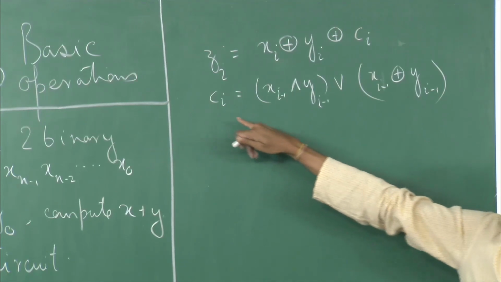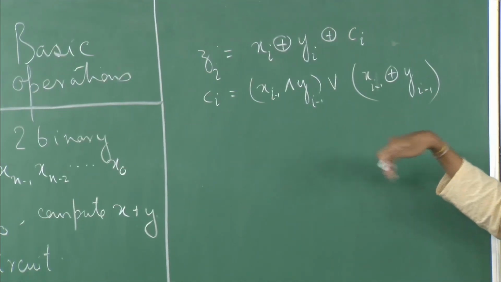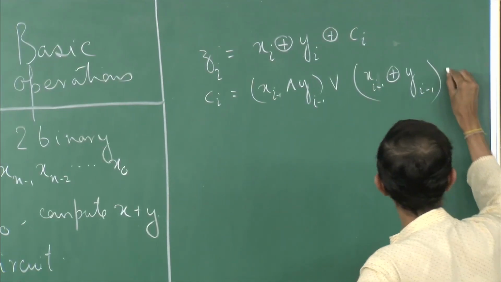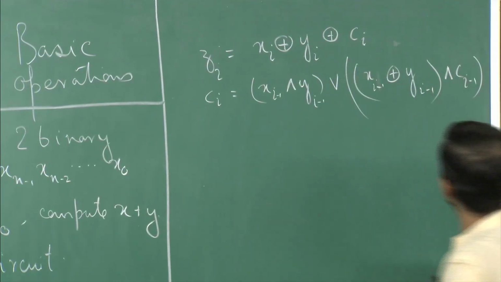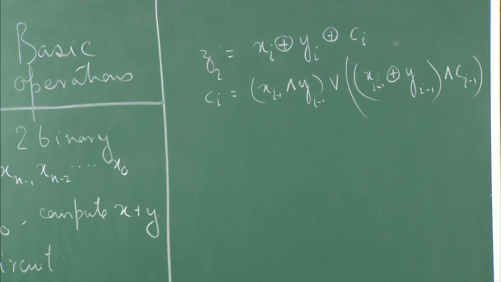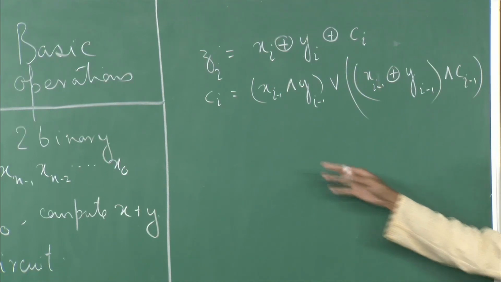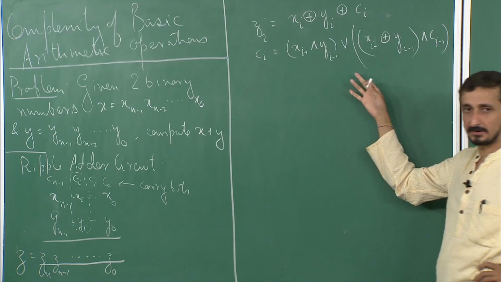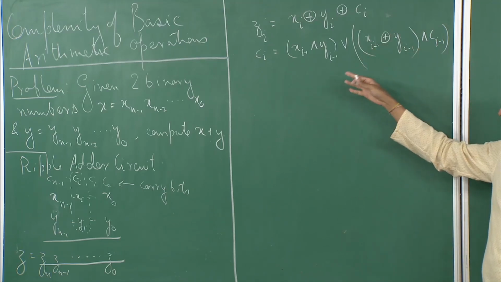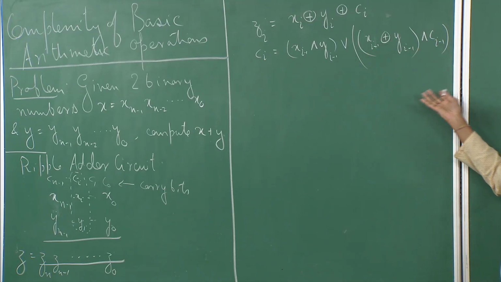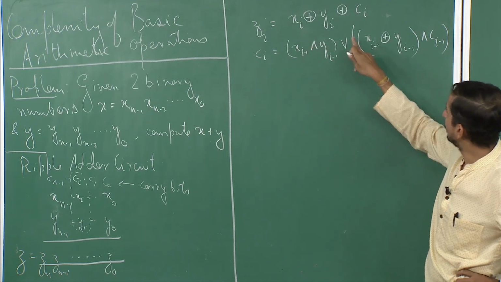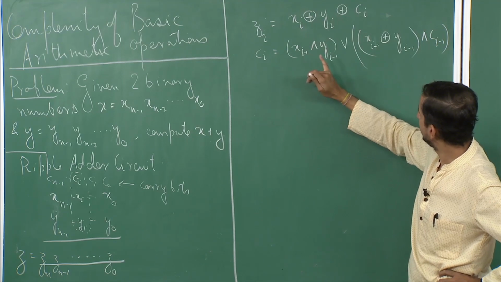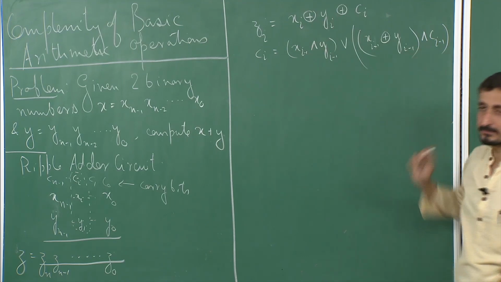When is c_i equal to 1? When the previous carry bit is a 1, so and c_{i-1}. This is the definition, and these are constant sized circuits. In fact, if you draw this, it will be a circuit which has 5 gates, because x_i y_i is the common gate over here. So 1, 2, 3, 4 and 5.